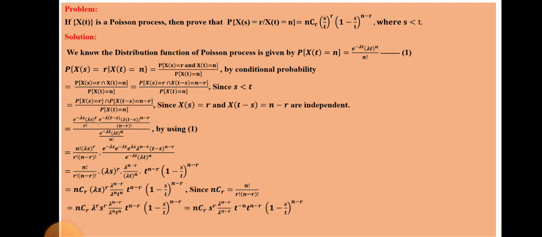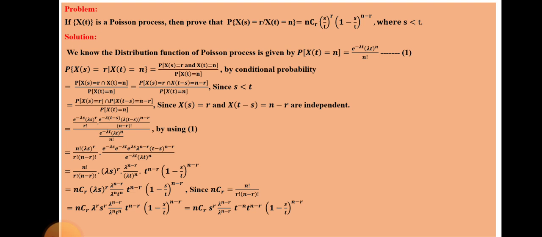So nCr, splitting λ^r, s^r, λ^(n−r), λ^n, denominator t^n, t^(n−r), (1 − s/t)^(n−r), which is equal to nCr s^r.